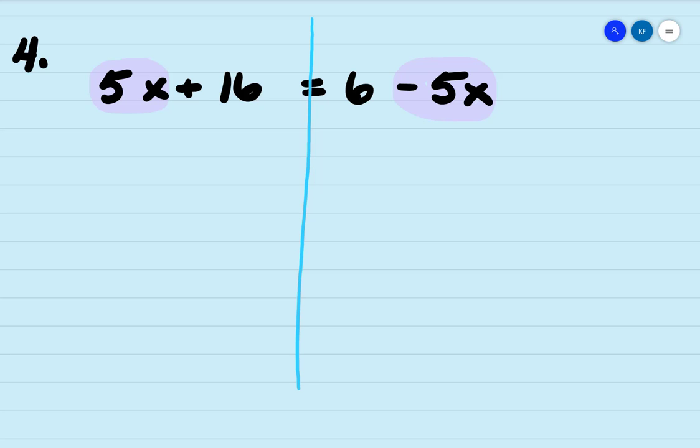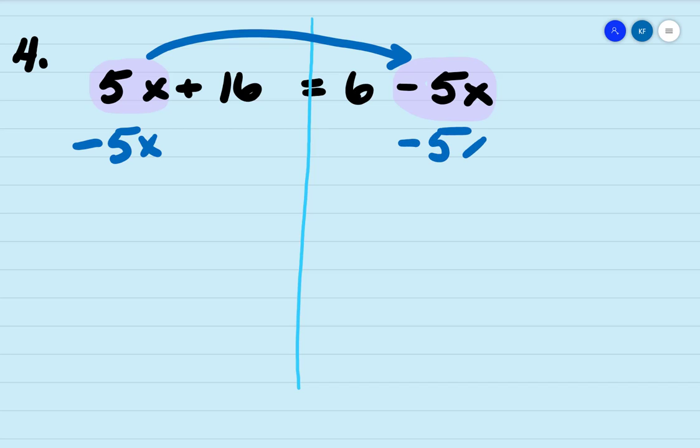I do. So remember, I'm moving in this direction. So I'm going to subtract 5x this time. And it would be really easy to make a mistake here. So really look at what you have.